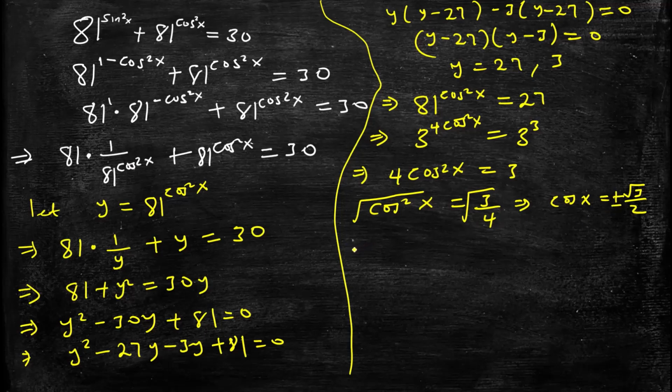So the first answer here: cos inverse of root 3 on 2 and cos inverse of minus root 3 on 2.